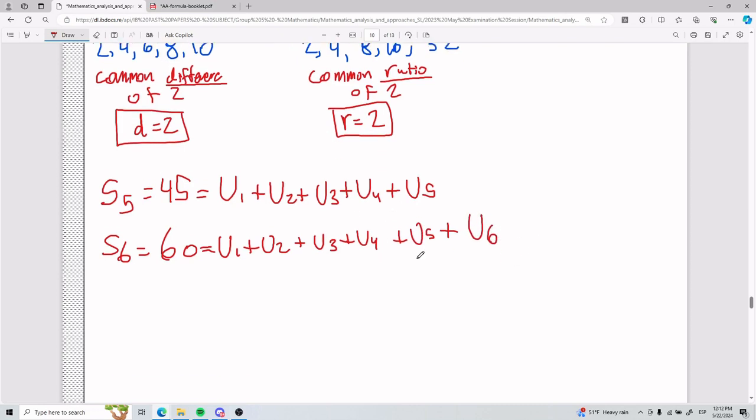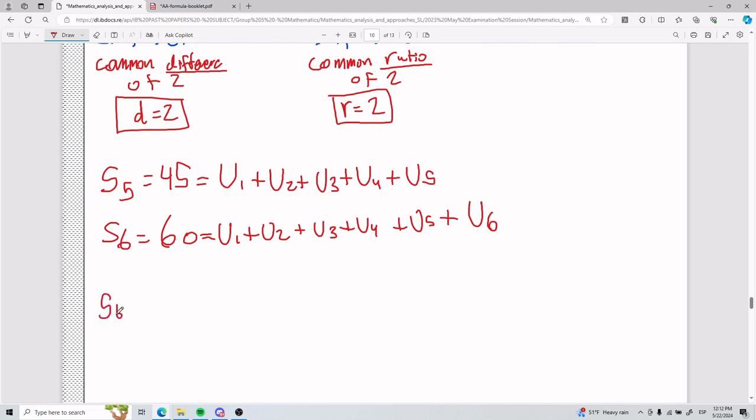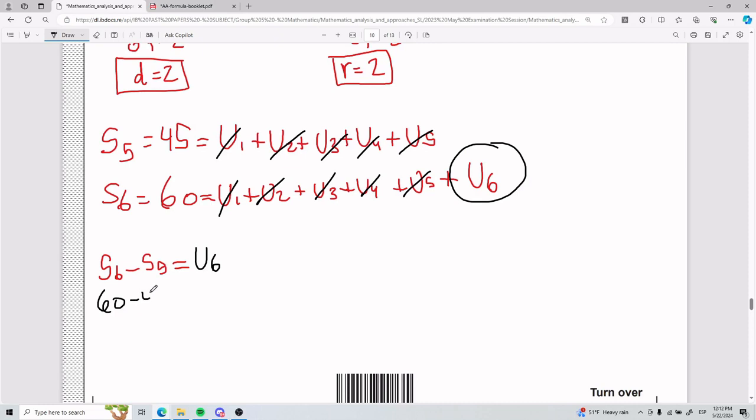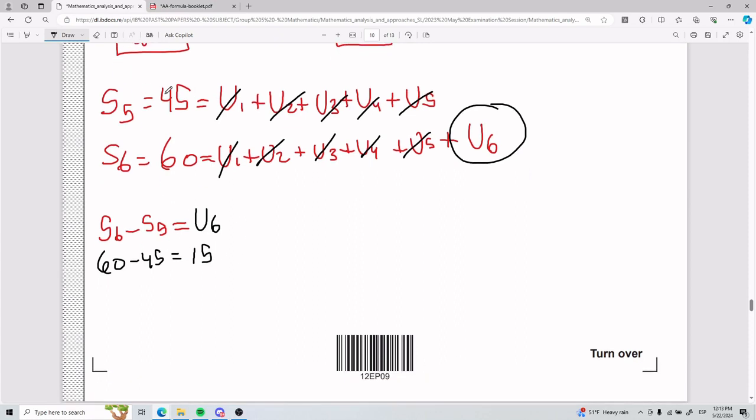And so if you do, for example, S of 6 minus S of 5, visually what you end up doing is this goes away with this, and this, and this, and so on. So S of 6 minus S of 5 gives you U6. Technically 60 minus 45 equals U6, and so 15 equals U6.